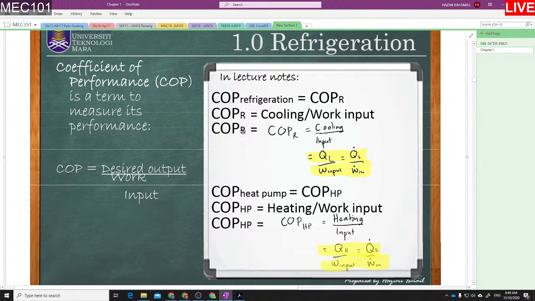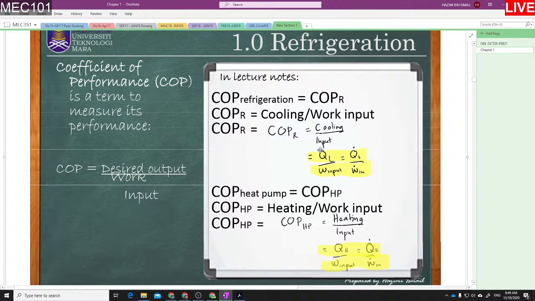So the COP of refrigeration equals the heat transfer from the low temperature region, QL, over the work input, the work that we give to the system. If you have a refrigerator in your house, the work input comes from the electrical energy that you pay monthly to Tenaga Nasional Berhad.